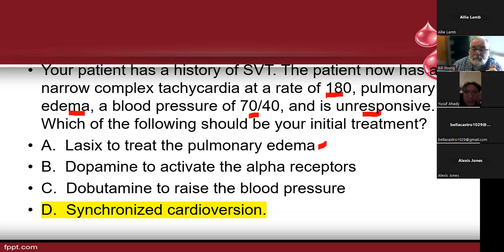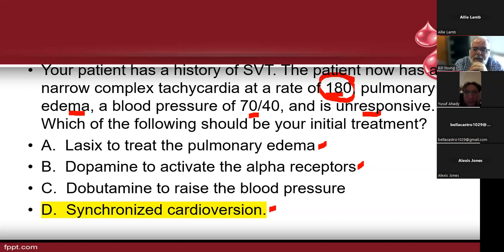But if we get the blood pressure up and we slow the heart rate down, that pulmonary edema will probably take care of itself. We could potentially give dopamine as a secondary line of treatment. But the big thing we've got to do here is slow this heart rate down.